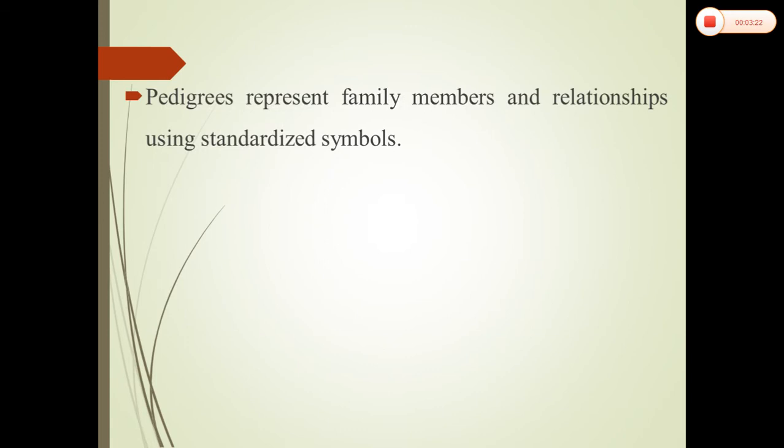These pedigrees represent family members as well as relationships using standardized symbols. We are going to see these symbols also, because in the exam a question can be asked on that: identify the symbol, which symbol is used for what.